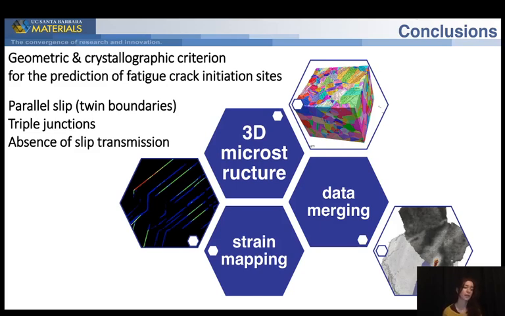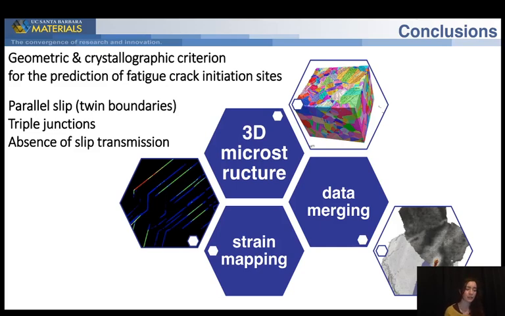Our investigation has led to the definition of a geometric and crystallographic criterion for the prediction of the location of intense slip bands in relation to the microstructure features. The very same microstructure features were actually seen to nucleate fatigue cracks during cyclic loading.